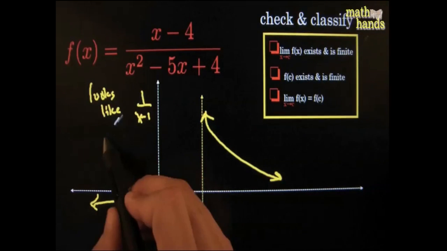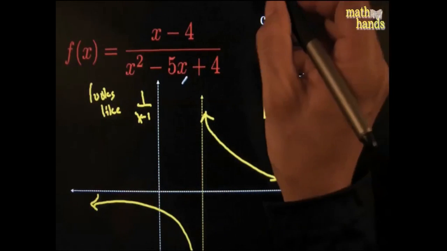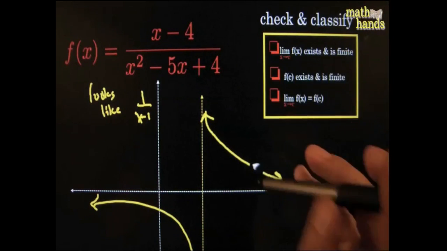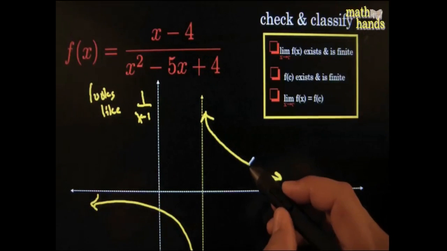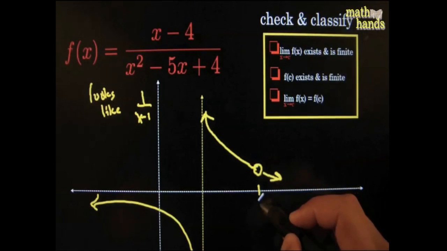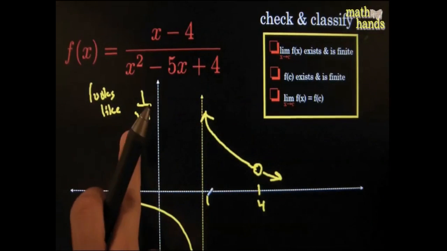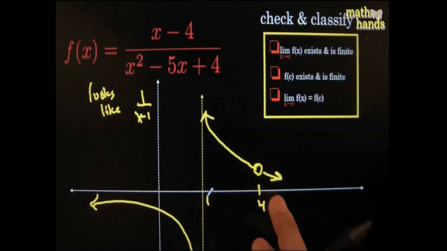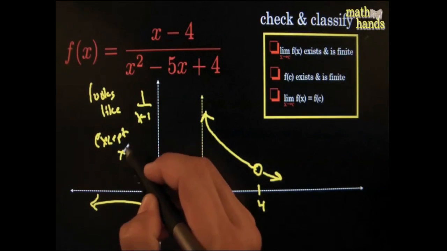And of course not really, except at x equals 4. At x equals 4, I've got to take my eraser here. At x equals 4, it has a hole. It looks like this, except for that hole. Except for x equals 4.